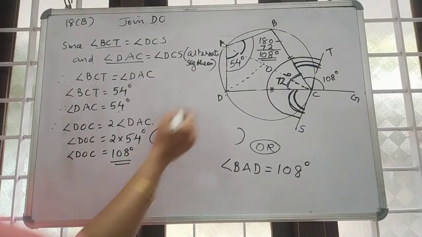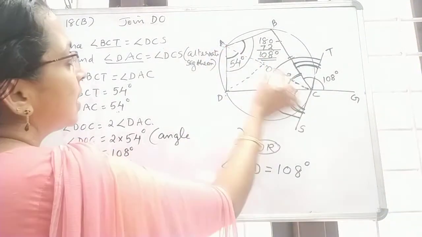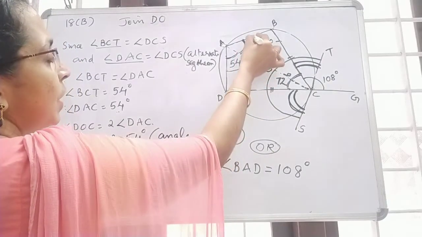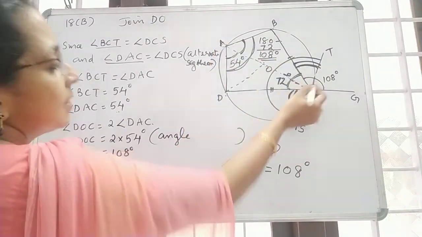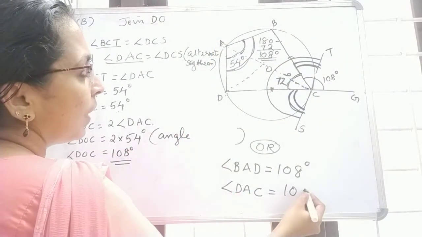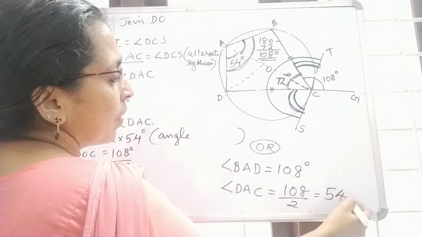Already we proved these two angles are equal, that is, DAC and BAC are equal. So we got this total angle as 108 degrees. So angle DAC will be 108 divided by 2, which is equal to 54 degrees.